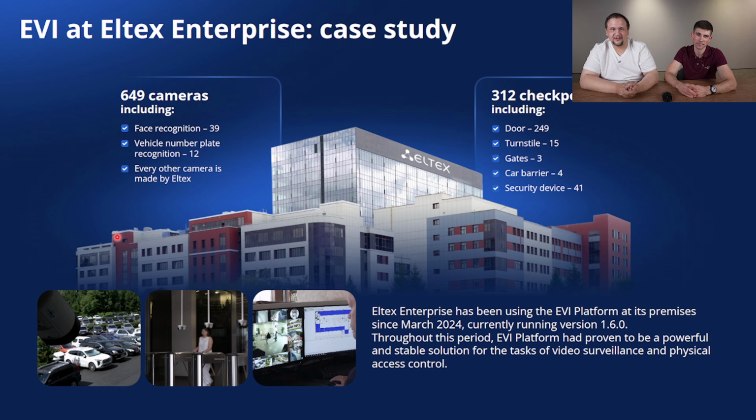Yes, this slide you are seeing now shows our facility complex and security systems around it. With the start of the third building exploitation, we have added around 400 cameras and 230 turnstiles, controllers with turnstiles, doors, and barriers. Right now, the platform includes an attendance management system for tracking staff working hours, provides access and restriction management.